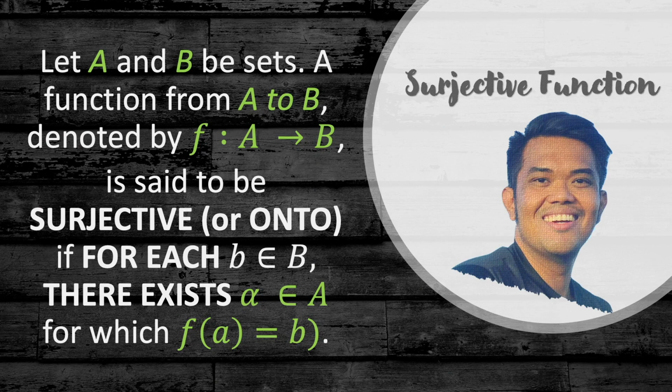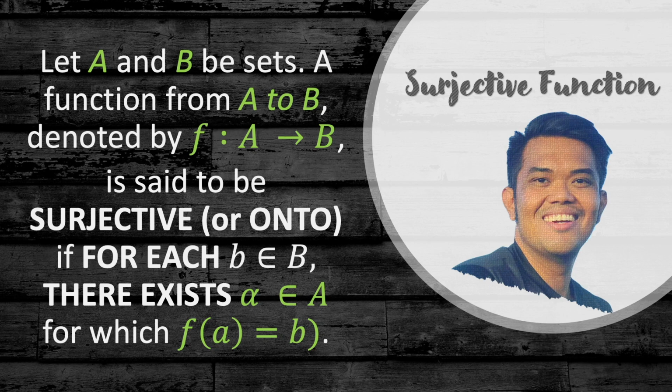The second classification of function is surjective. Let A and B be sets. A function from A to B denoted by f is said to be surjective or onto if for each b, element of B, there exists a, element of A, for which f of a equals b.